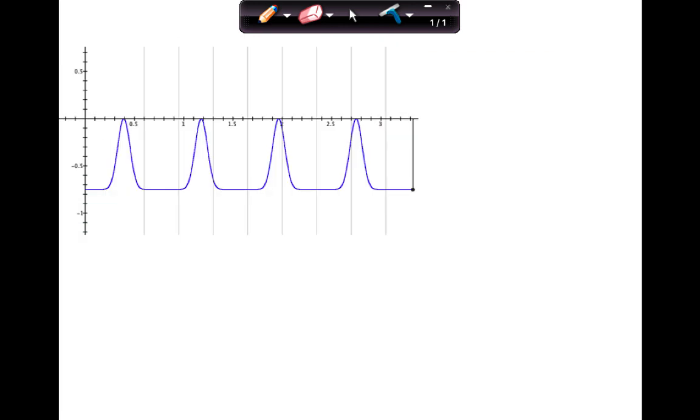Okay, so let's talk about it. So what do we do? Here's what we do. Here's our rate of change function. I'm gonna slice up time, starting from 0.6, into 0.35 second time intervals.